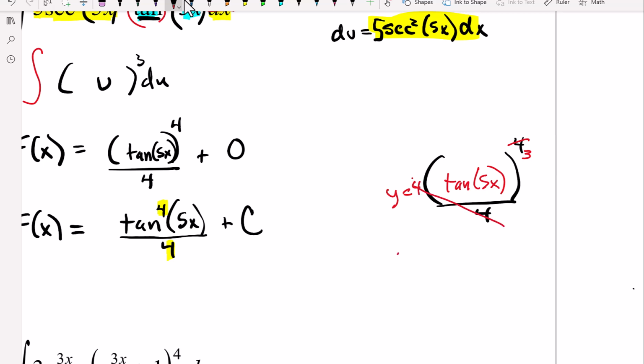Okay, so now what we have is y prime is tangent cubed 5x. Well, the cube part has been taken care of. So now we're going to take, this will be our g, and this will be our h. So now we have to take the derivative of tangent.